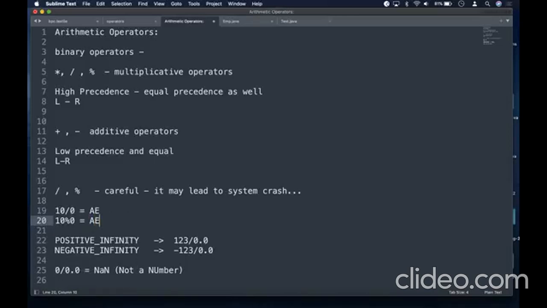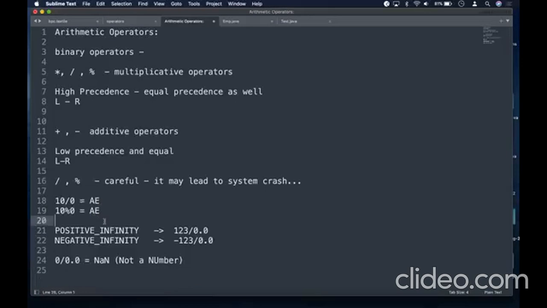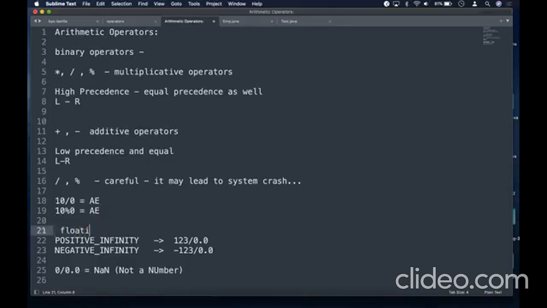But the same is not the case with floating point arithmetic. Floating point arithmetic has some constants defined. So these things have to be taken care of, because we are not going to get an arithmetic exception here. Separate constants are defined for floating point arithmetic, like positive infinity, negative infinity, and NaN.